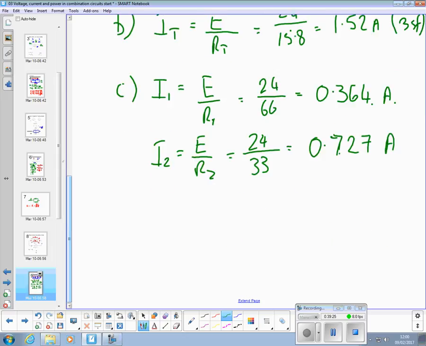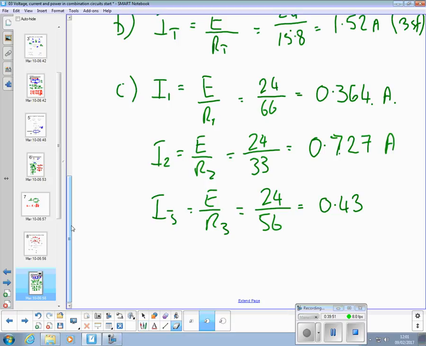I'm just making a point. I3 is E over R3. All of them now, 3 significant figures.